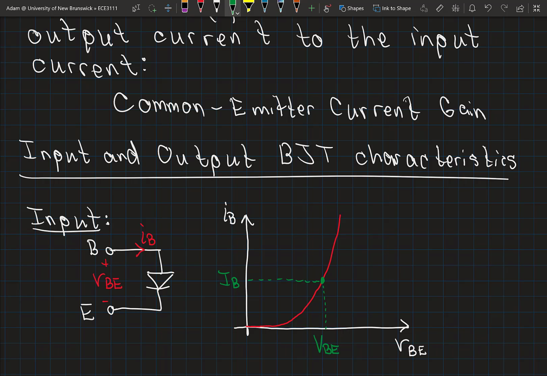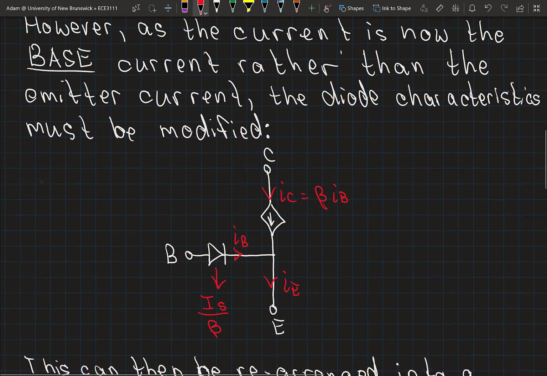We sometimes refer to this as Q. This exponential we know is a function of the saturation current of our transistor times e to the VBE over VT. We stated this up above.